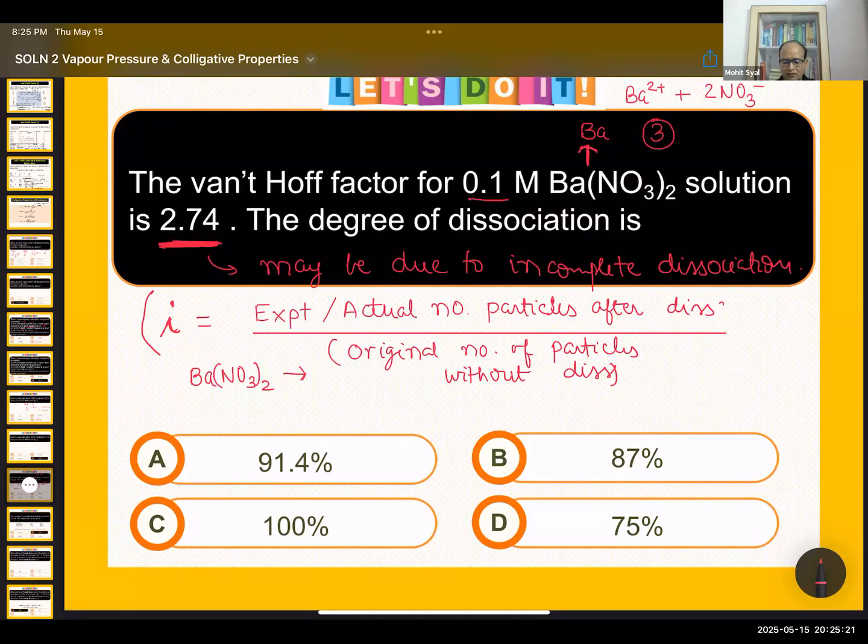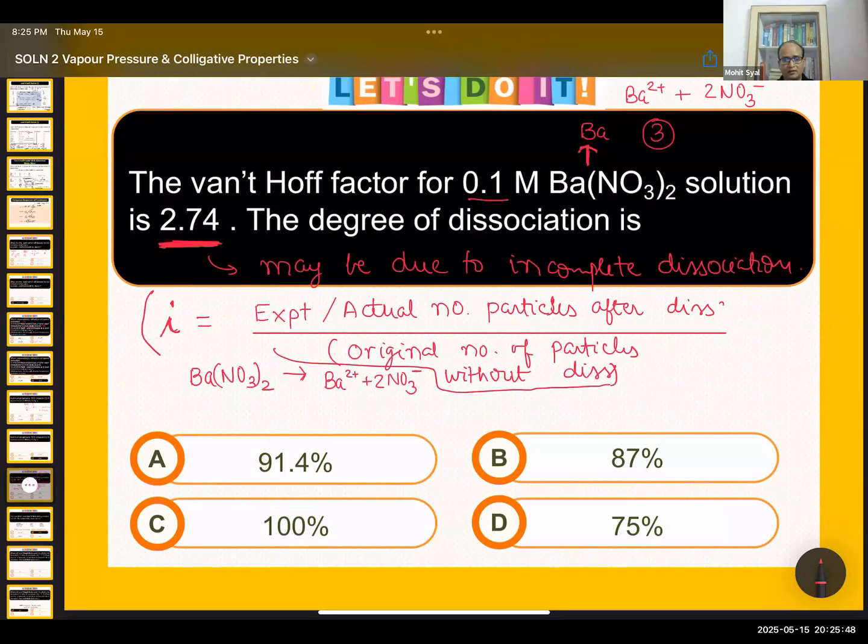So first I'm going to write the equation like this: Ba2+ and twice of NO3-. This is how it is dissociated. But this is not dissociating completely.